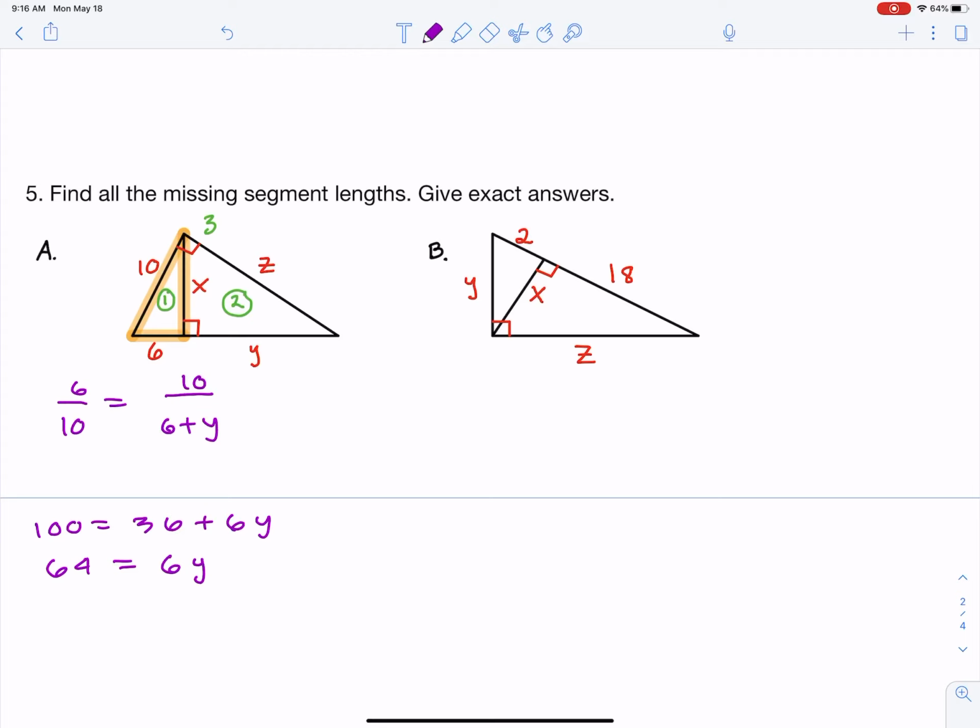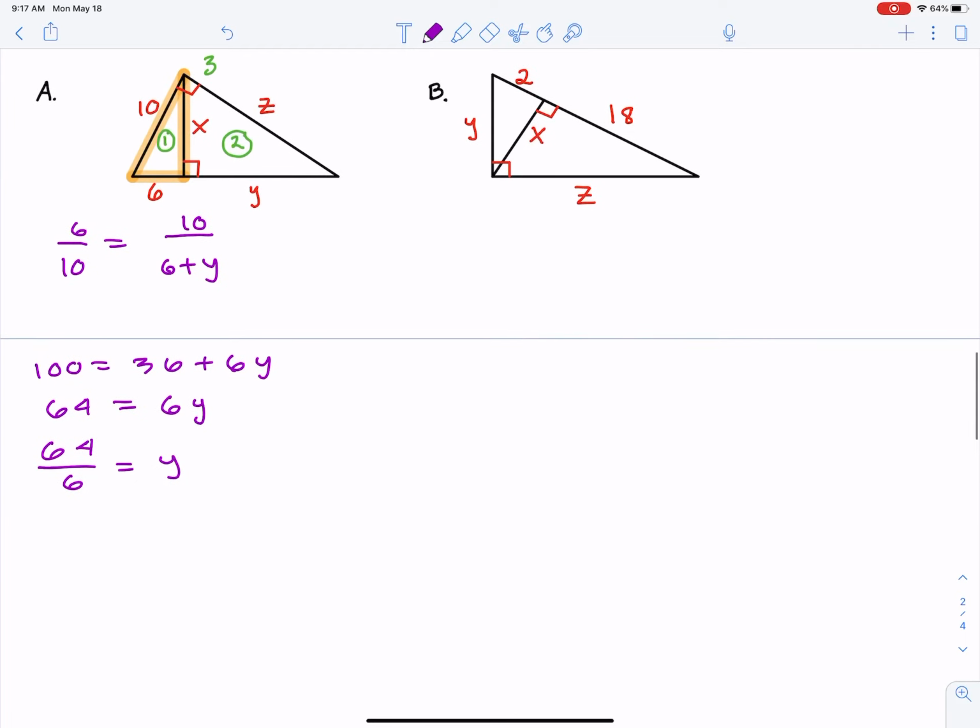I know the numbers are kind of bad, but I'd like to keep this as a fraction here. So 64 divided by 6 equals y. Dividing top and bottom by 2, I get 32 divided by 3 equals y. I'm just going to keep them as exact values here.